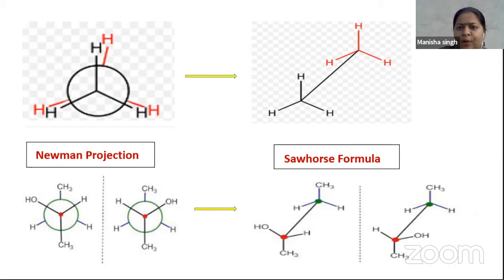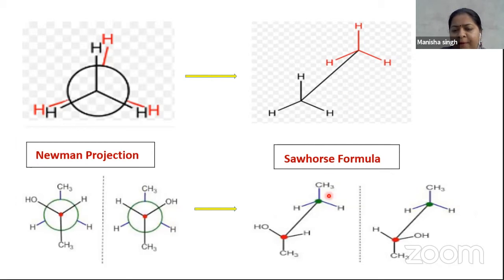This lower end is representing the front carbon, and the upper end of the line is representing the back carbon or rear carbon, and here hydrogens are radiating from the carbon atom. Hydrogens are radiating from the carbon atom, and in Sawhorse formula, one more example is there, this one.